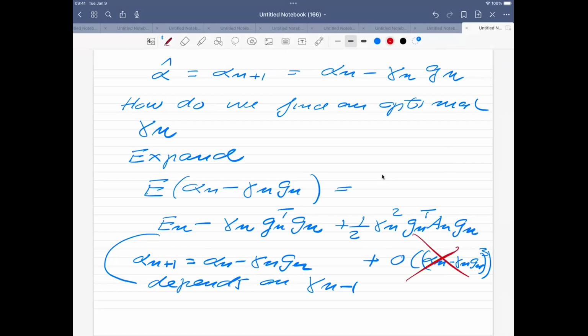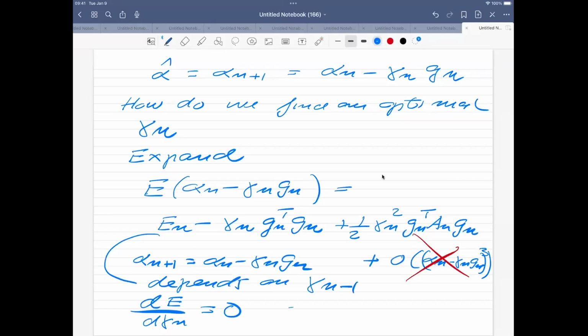Then I can calculate the derivative of this energy with respect to gamma_n and require that to be 0. If I do that, here I just have g_n transpose times g_n, and here I'm going to have 2 times gamma_n, and then I can isolate the terms.